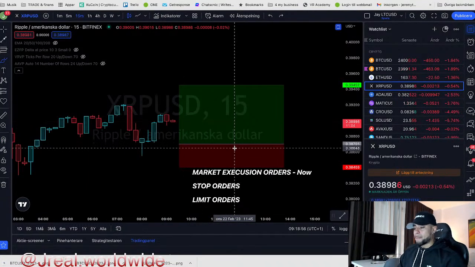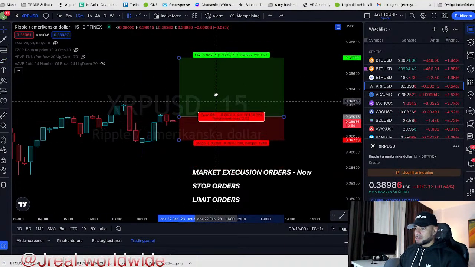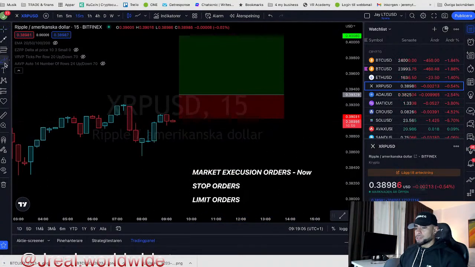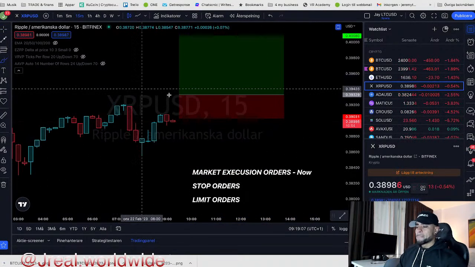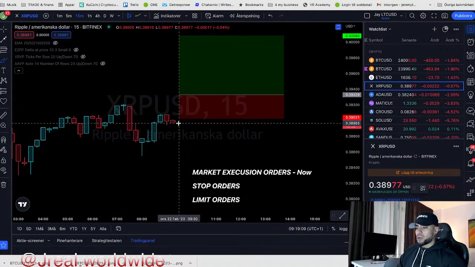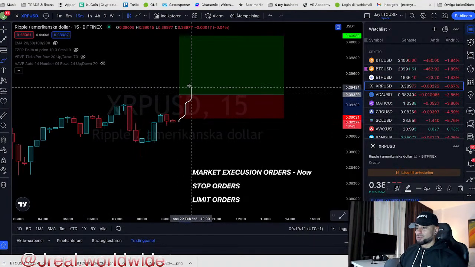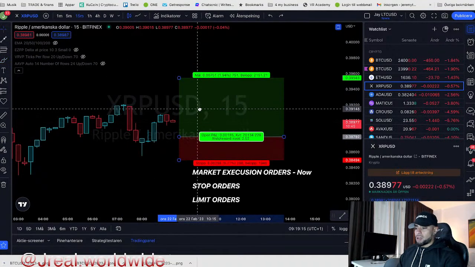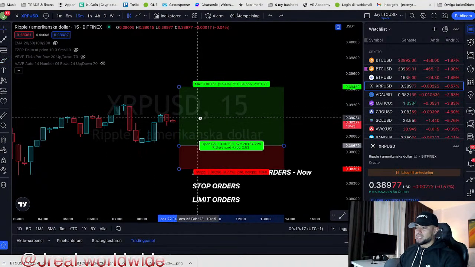Now, let's look at buy stop. Still looking for a buy, of course, but this is now when the market passes through. For example, you cannot do a buy stop order here. Like most brokers, it won't even work.